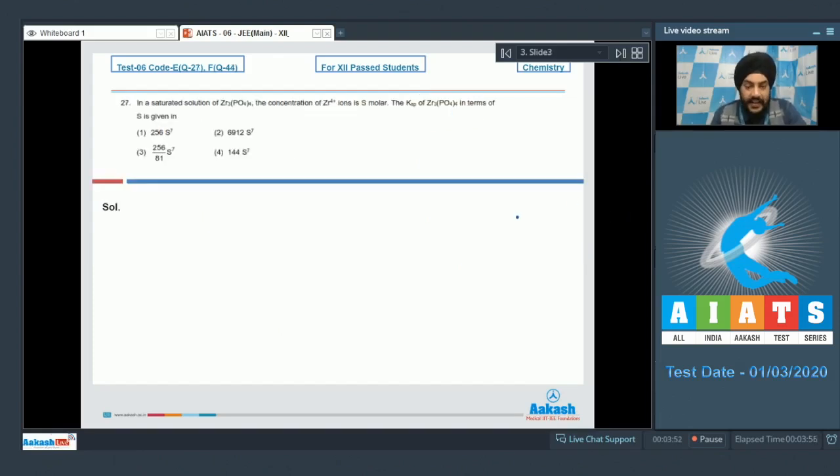Question 27. In a saturated solution of Zr3(PO4)4, the concentration of Zr4+ ions is S molar. We have to comment on the Ksp of Zr3(PO4)4 in terms of S. If we talk about this sparingly soluble salt, when it is dissolved in water, it is going to create 3 Zr4+ ions, and there will be the formation of 4 PO4 3- ions as well.